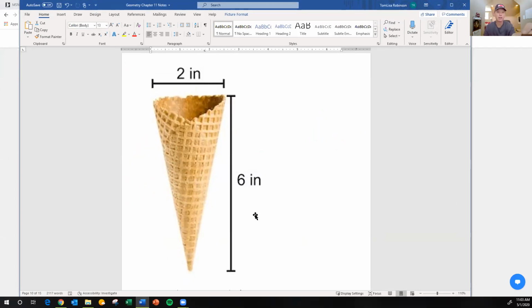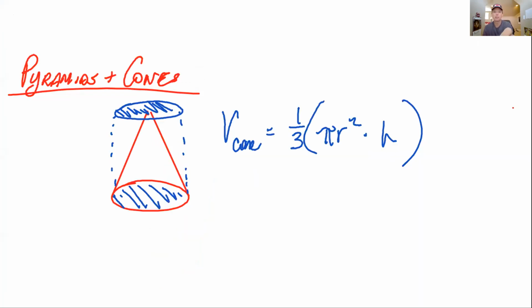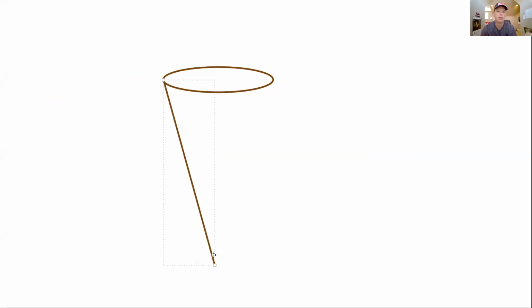I'll try to sketch it the right direction, but I'm going to switch back over to the whiteboard again, go to a new page, and we will sketch this cone. So the first thing we have is, maybe I can do this. Ooh, look how fancy that is. And then we'll go down here, make it nice and tall, and we'll come down here also. Okay, that's a fine looking cone, my goodness gracious.